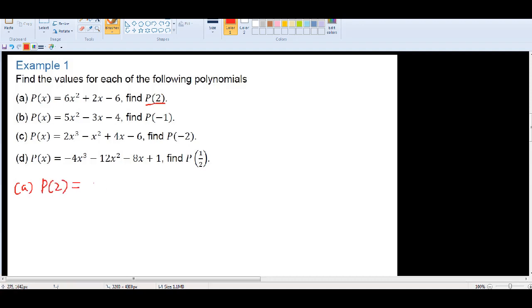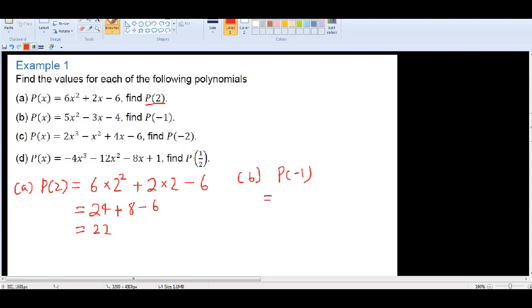So all you need to do is this. Of course you might use your calculator to help. That's 22. Okay, let me do another one here. For a negative number, you need to be careful. You better write that as (-1) with a bracket and squared.